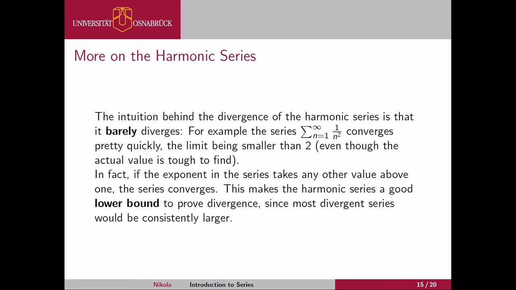Because if your series diverges, chances are it does so faster than the harmonic series, which would make the harmonic series a great lower bound to say, okay, look, my series is larger than the harmonic series in all terms. Obviously, then my series must diverge.